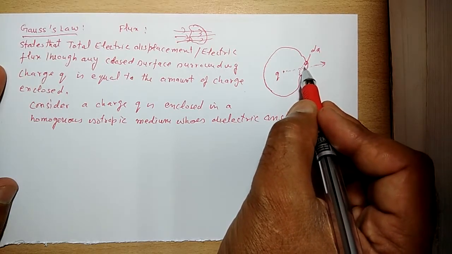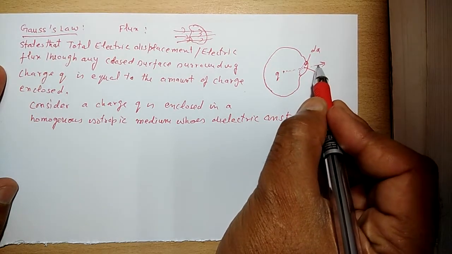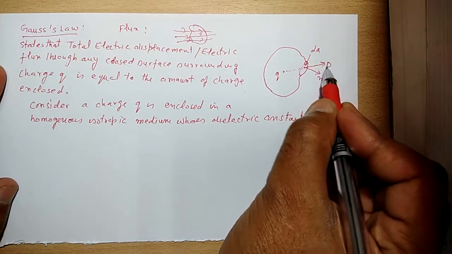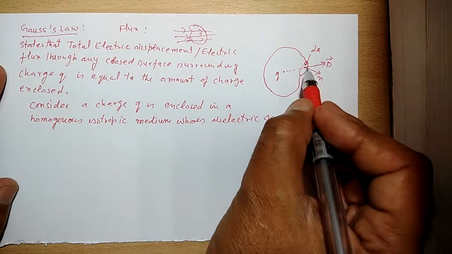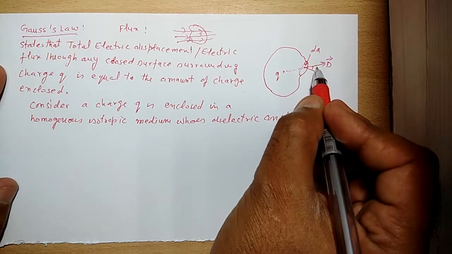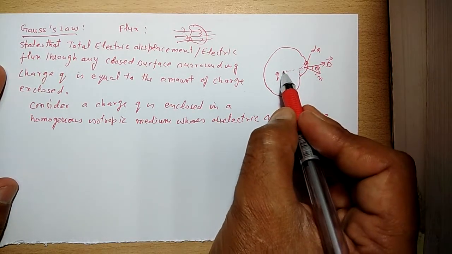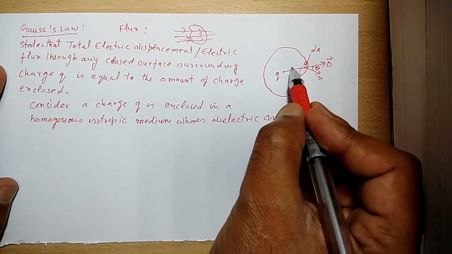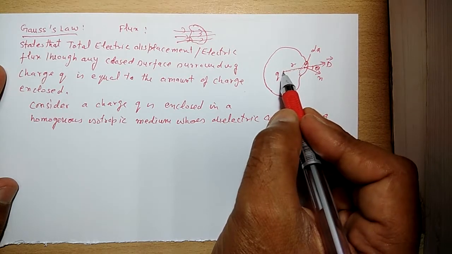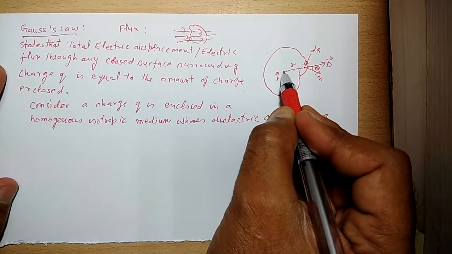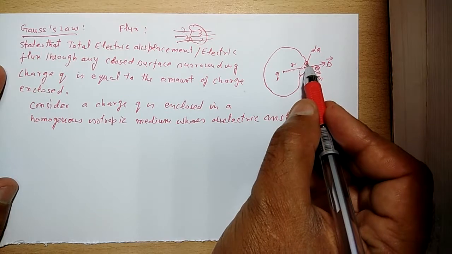The normal to this surface is say n, and this vector is say D, the electric displacement density vector, and this makes an angle of theta. And say r is the distance between the position of the charge and this area element.